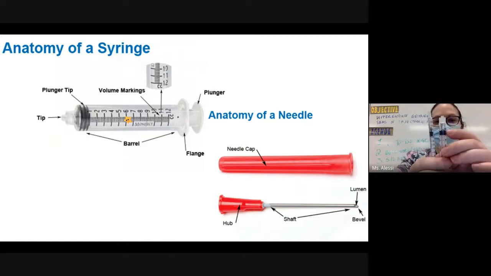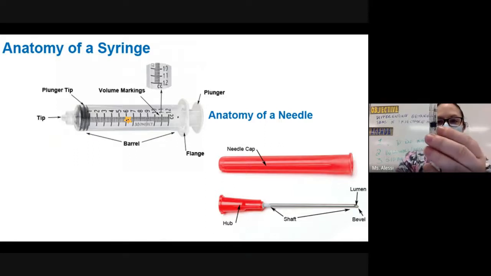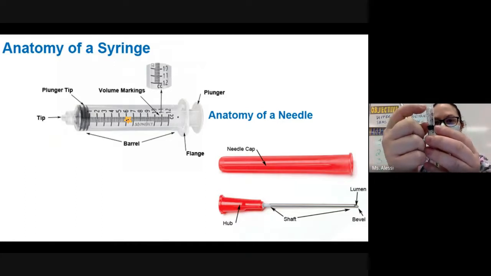So I'm looking at the very top of the rubber part, and where does that match up to the line on my syringe? So here I have 0.5 mLs or cc's. There I've got 1.5 mLs or cc's. So that's where I'm looking. I'm looking at the very top because all that liquid is from here to here.